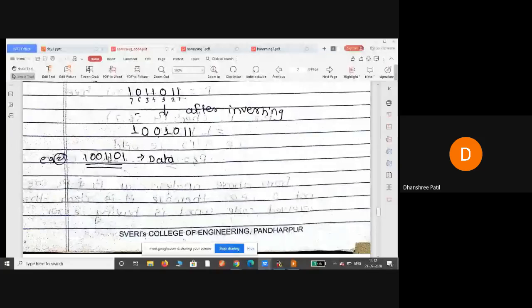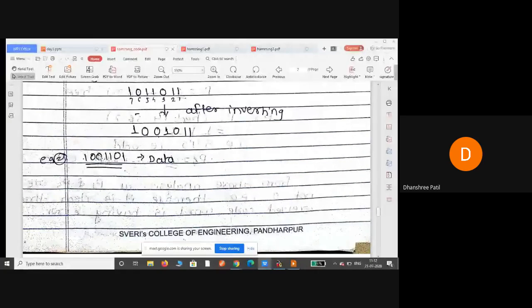Okay. So the second example, just this data. I'm going to share the PDF today. So you have to solve this example. 1001101, that will be the data for you. Today's homework. This is positions 3, 4, 5, 6, 7.